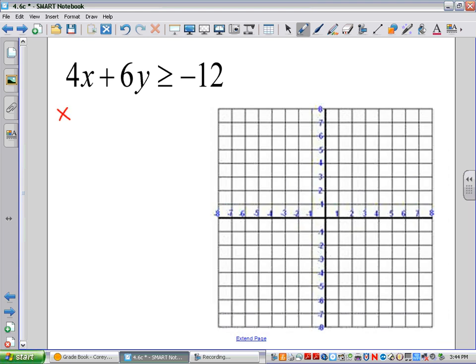This one, x-intercept, negative 3. Y-intercept, negative 2. Let's graph those. It is underlined. Solid line. Test point, right at 0, 0.